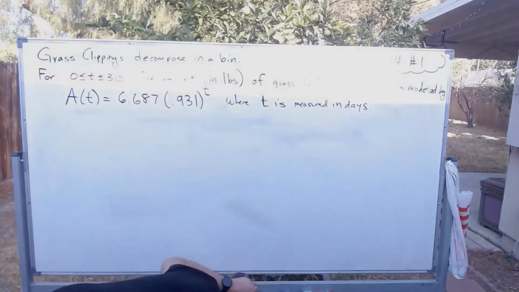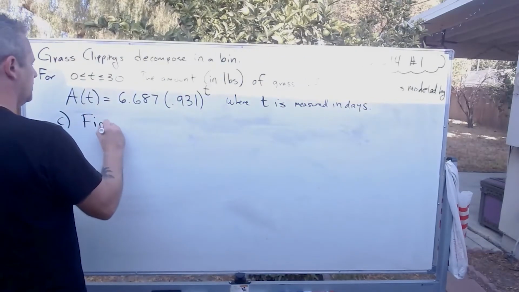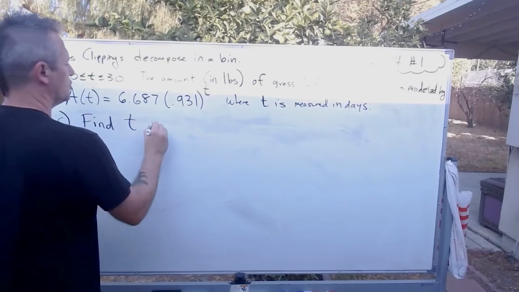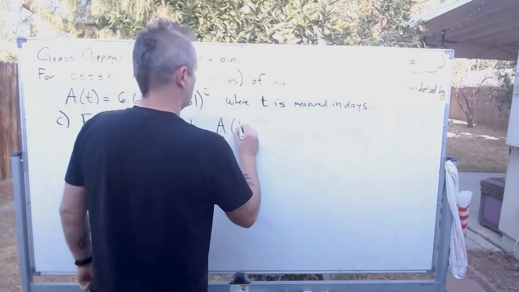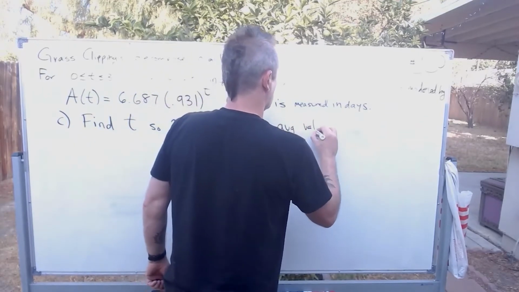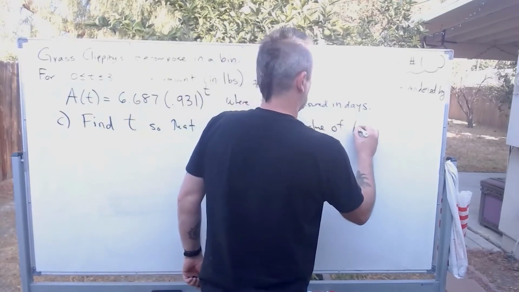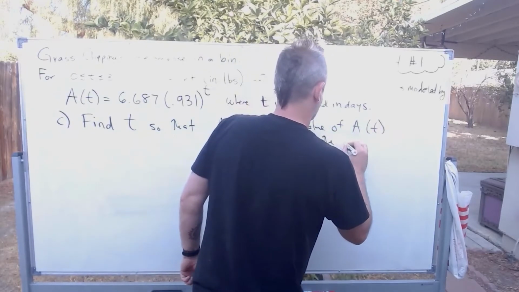Okay, so that's what it is asking. Part C, find T so that A of T equals the average value of A of T over the first 30 days.